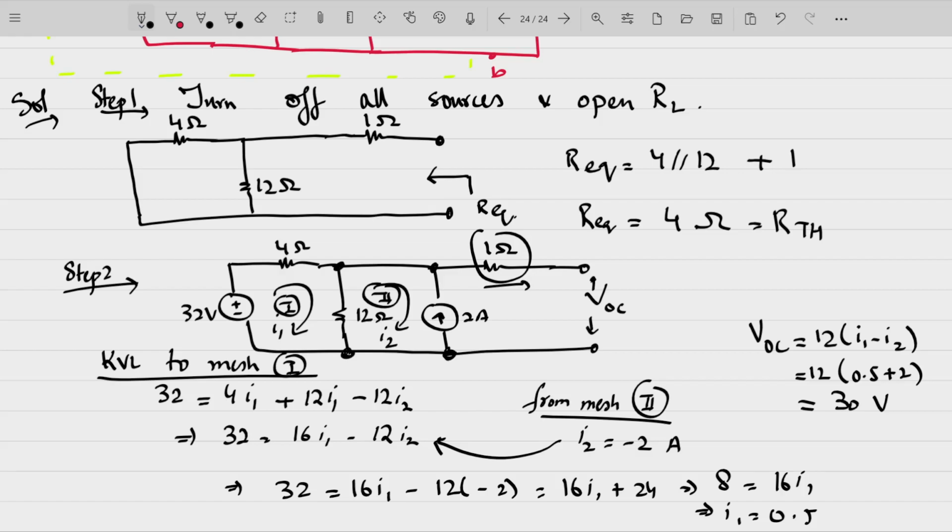Fine. Open circuited voltage VOC, since 2 ampere, 12 ohms, they are all in parallel. 1 ohm is open circuited, that means there is no voltage drop across this 1 ohm resistor.